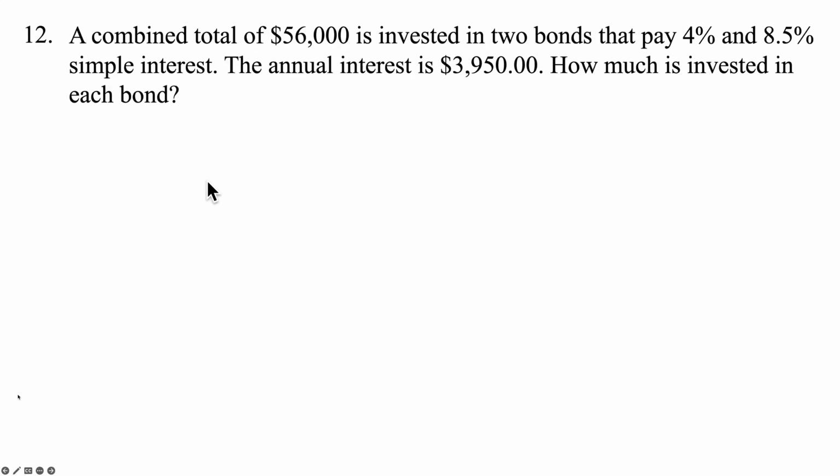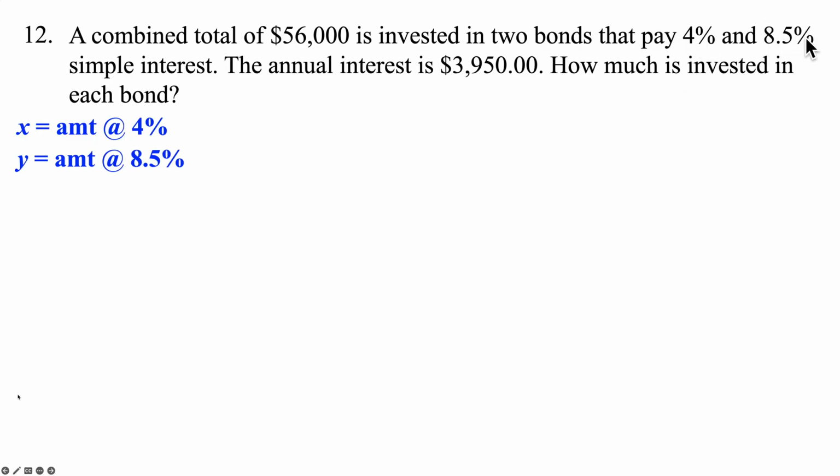All right, number 12. Our last problem. A combined total of $56,000 is invested into two bonds. One that pays 4%, the other is 8.5% simple interest. You made an annual interest of $3,950 off the $56,000. So again, I'm going to use X and Y because I really don't know the names of my bonds. X is going to be the amount of the 4% bond.